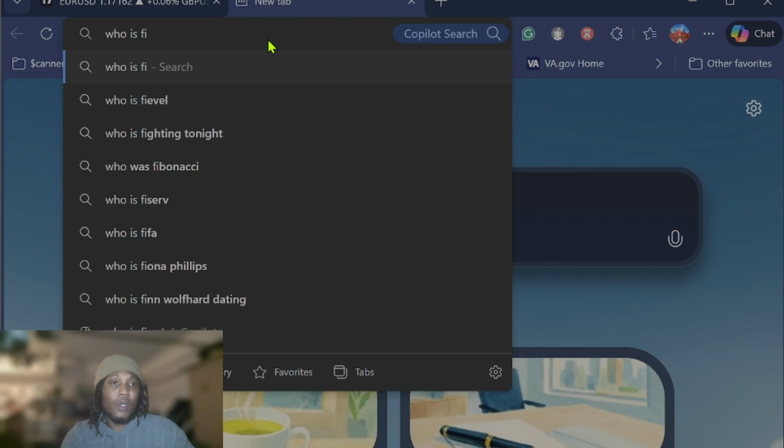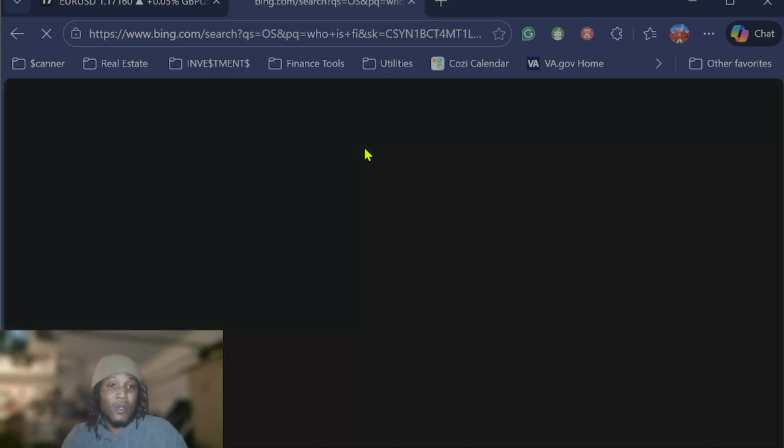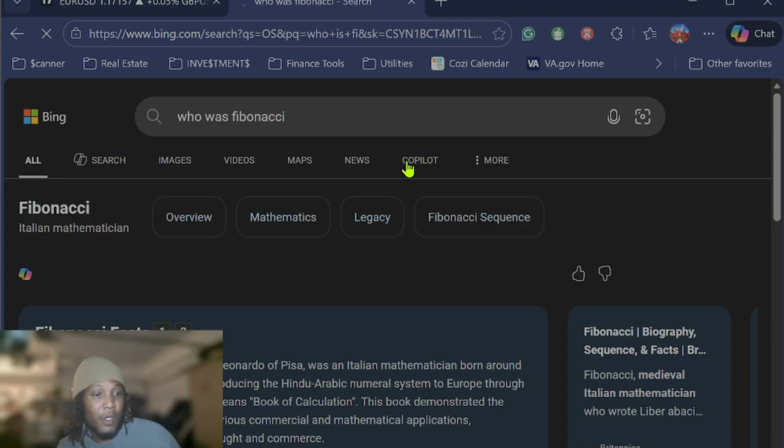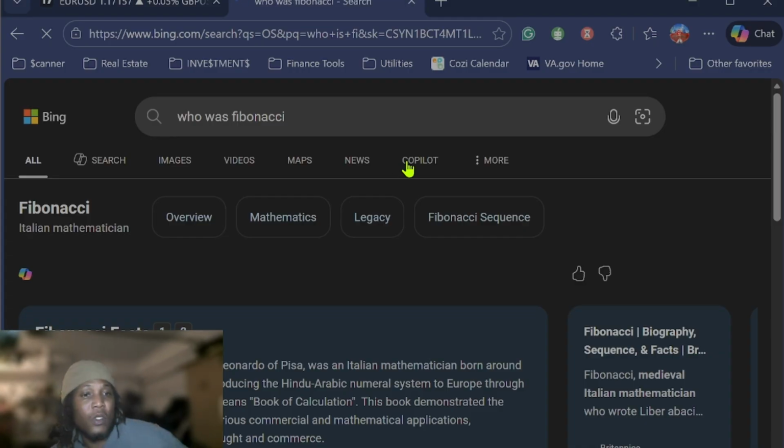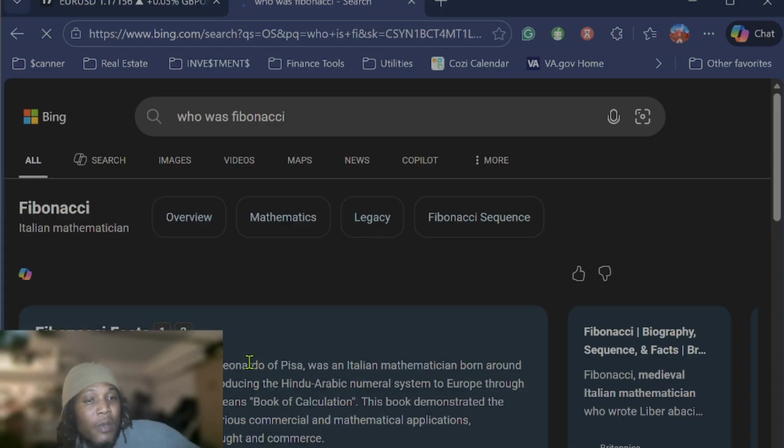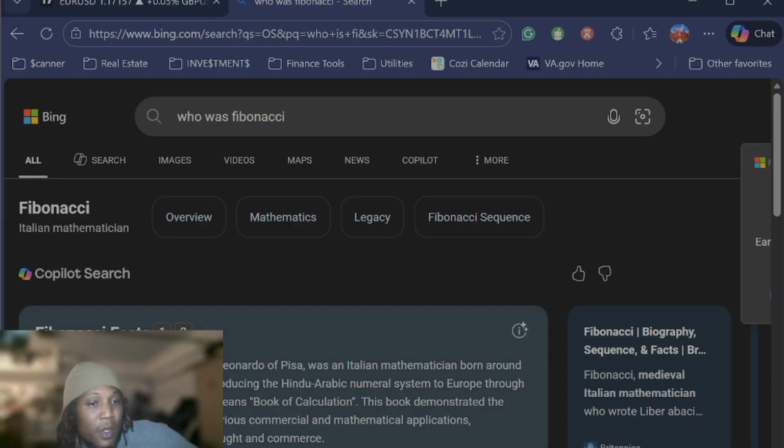Or who was Fibonacci? And right here, Leonardo Fibonacci was also known as blah blah blah, and so Indo-Arabic numeral system to Europe, blah blah blah.